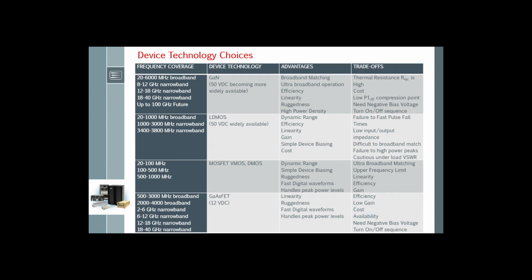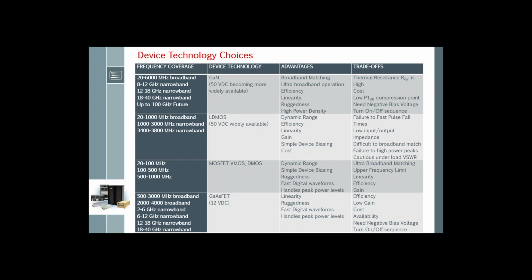We've included a slide here to highlight a survey overview of semiconductor devices that are likely to be used in power amplifier modules. Empower RF Systems does a large percentage of our work with gallium nitride on silicon carbide, and to a lesser extent LDMOS for some of the lower frequency work that we do.